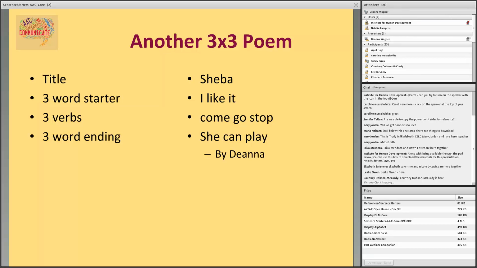So I have a 3-word starter using just the words on the communication display. So that DLM core display that's part of your handout could be used to write this whole thing. So we have both I and she as pronouns, and the verbs.